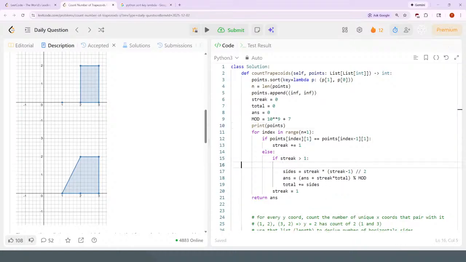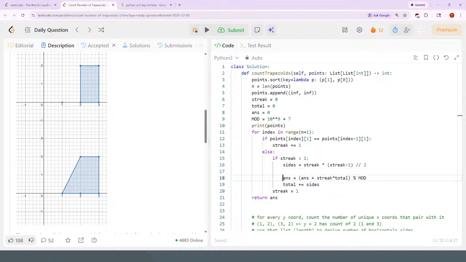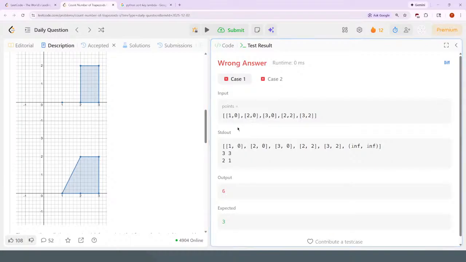I'm going to go ahead and print it right here, streak and sides. So it should say 3 and 3, 3, 2, 1. That's actually right. That should be 3 times 1.